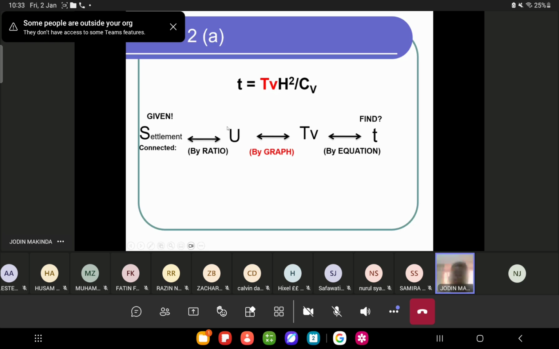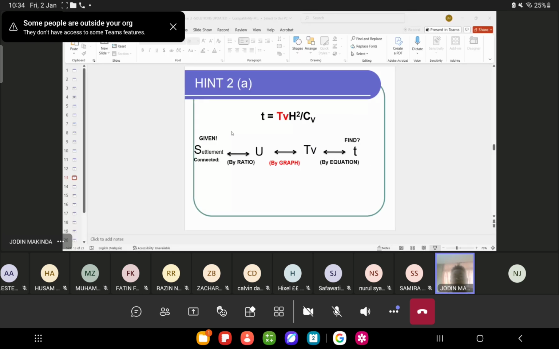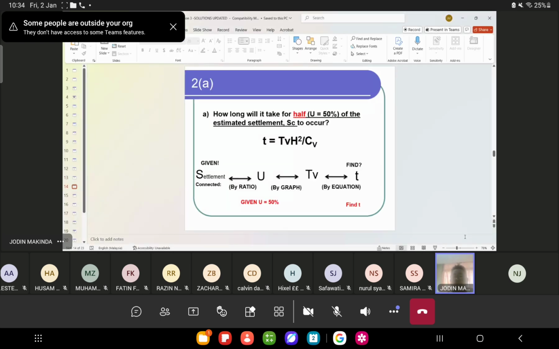Use the settlement to find U from the ratio. U is a fraction. Use the fraction to find TV from the graph or the chart or the table. TV is the time factor. Use the time factor to find time by equation. The one on the top here, this is the equation. So this is the way you solve problems.